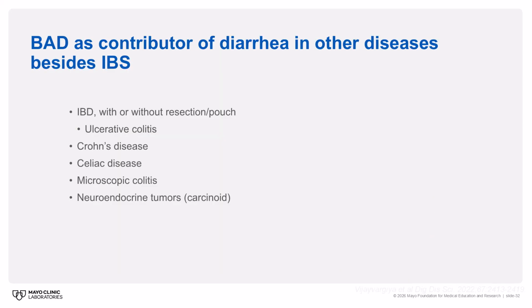We know that bile acid diarrhea may also be a contributor to this diarrhea that happens in other diseases, in addition to chronic functional diarrhea or irritable bowel syndrome. So when we looked very recently at patients seen at Mayo Clinic with other diarrheal diseases, and I'll explain these in a minute, we found that a fairly significant proportion of these other diseases also had a component of bile acid diarrhea.